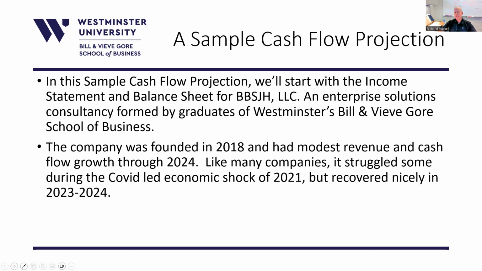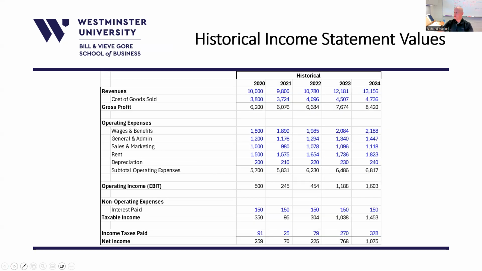So let's look at each of these elements of cash flow, and let's look at some of the assumptions that we might have to make in order to project for our future. First, we're looking at the historical values. So we see here what the revenues, cost of goods sold, gross profit, various operating expenses, including depreciation separated out, operating income, non-operating expenses, taxable income, and then net income are for each of the years 2020, 2021, 22, 23, and 24.